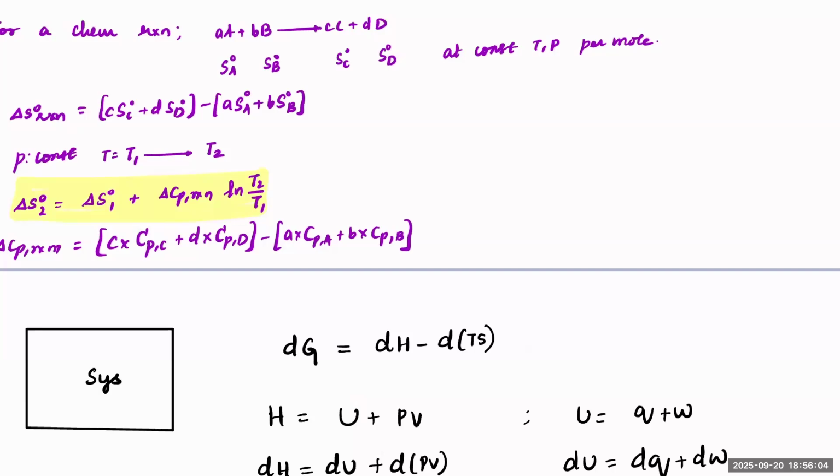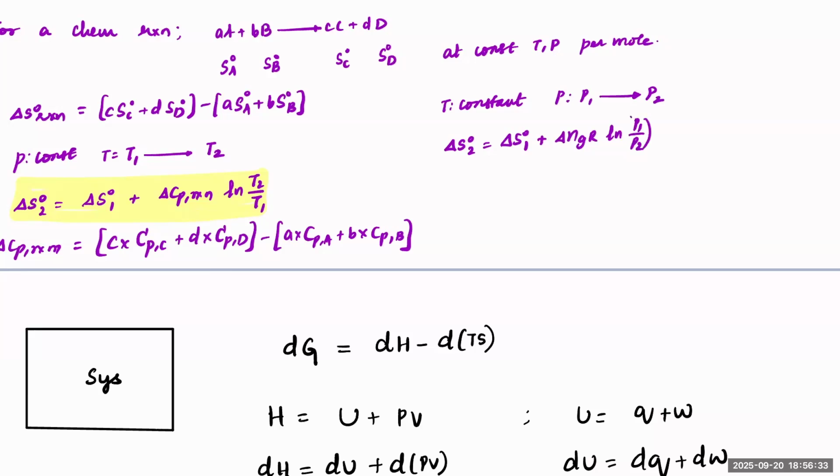Similarly, if temperature is constant, and pressure is changing from P1 to P2, instead of temperature, pressure is changing, then what will be the formula? Then delta S naught 2 will be equal to delta S naught 1 plus, instead of delta Cp, now you will have delta n G R into ln P1 by P2.